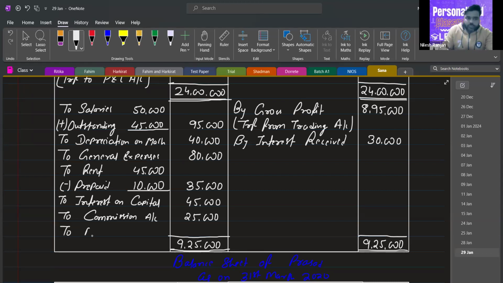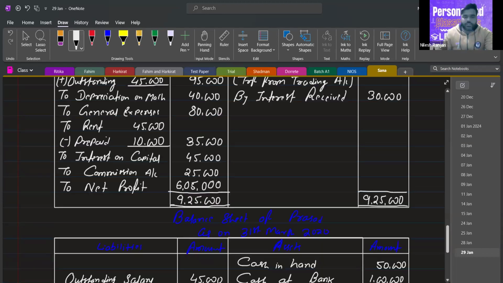Now to net profit, it will be 6 lakh 5,000.